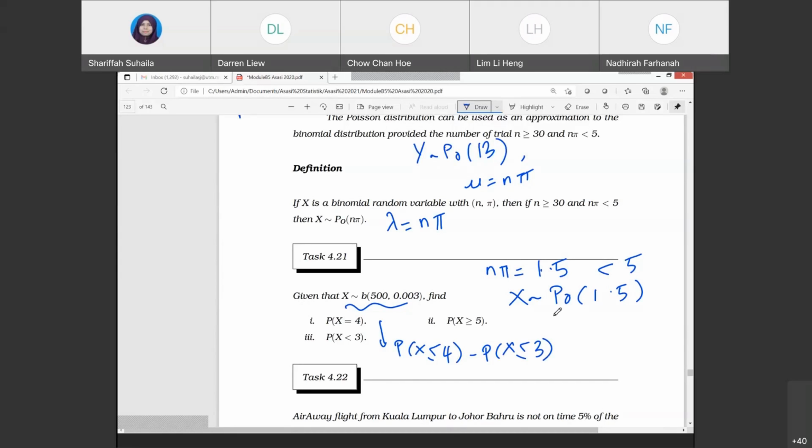So we will have 0.9814 minus 0.9344, and then you get the probability, which is 0.047.